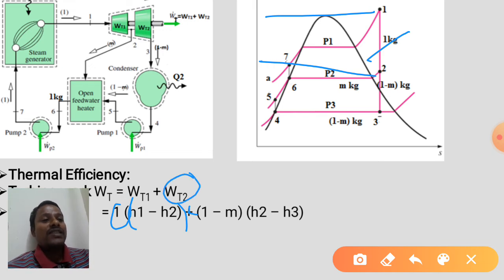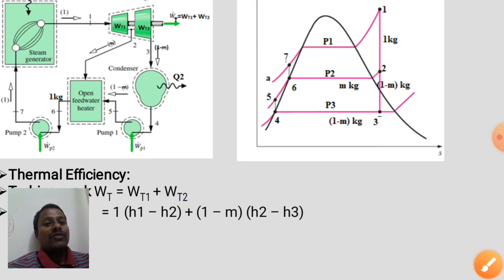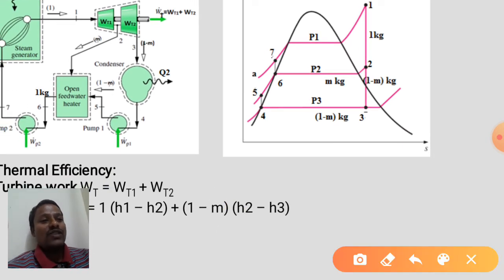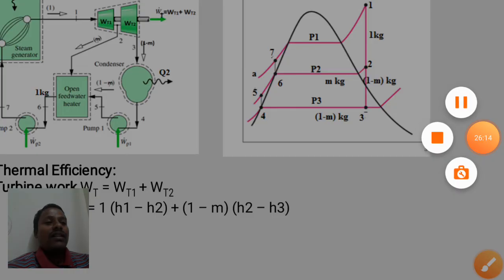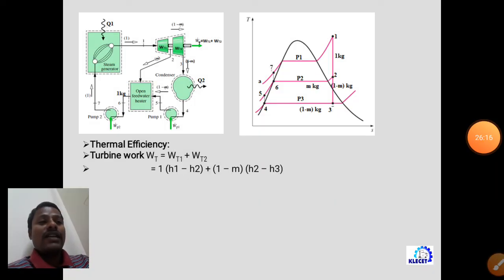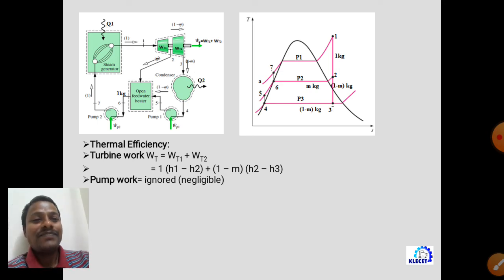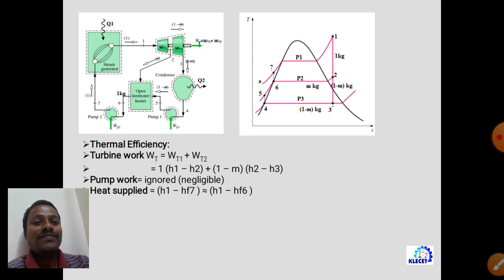During process 2 to 3, the quantity of steam is 1 minus m kg, so I am multiplying that factor 1 minus m with H2 minus H3. Regarding pump work, we are neglecting it because it is considered very small work. So Wp we can take as 0.